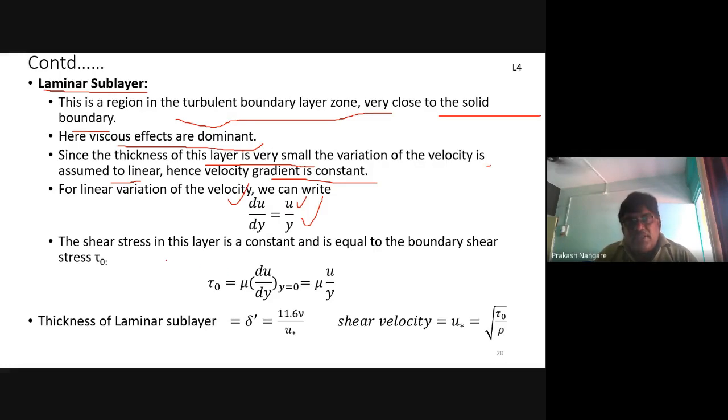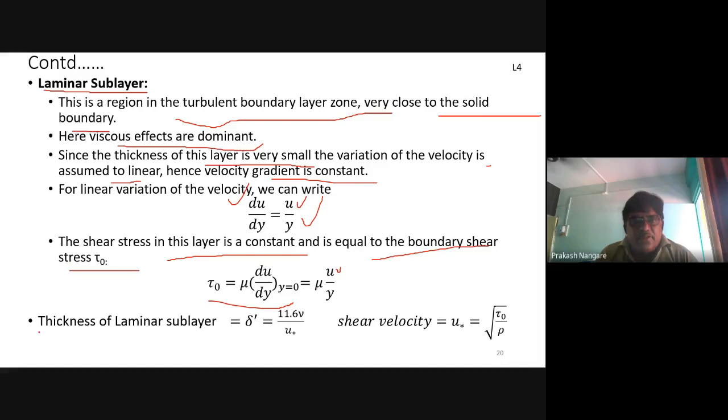So the shear stress in this layer is constant and is equal to the boundary shear stress, that is tau 0. So tau 0 is equal to mu into du by dy, as per Newton's law of viscosity. Therefore, you have to write mu into u by y.